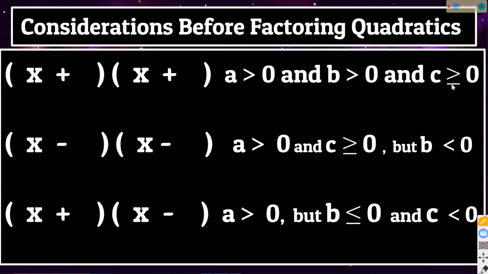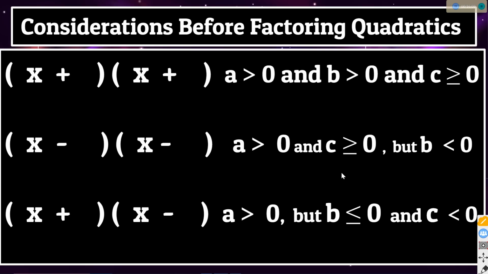It says that if c is greater than or equal to 0 and b is greater than 0, so in this case b is positive and c is greater than 0, then this tells me that we have two positive values. Two positives. We have x plus something and x plus something.